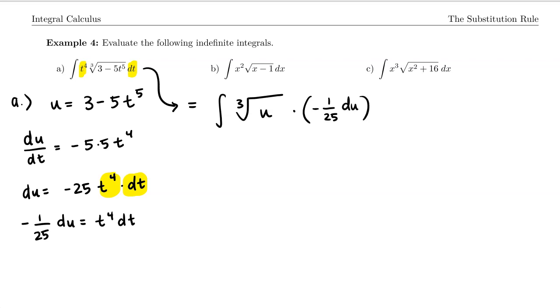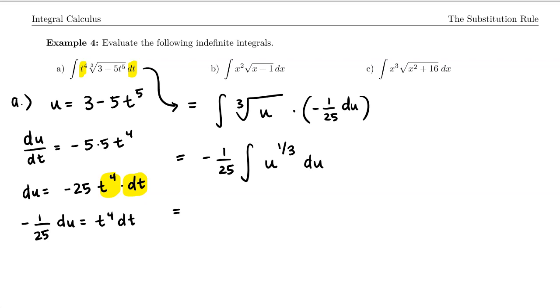Now, negative 1 over 25 is a constant, so I can pull that outside of my integral. I'm also going to rewrite the cube root of u in exponent form, which is the same thing as u to the power of 1/3. And then I still have my du inside of my integral.